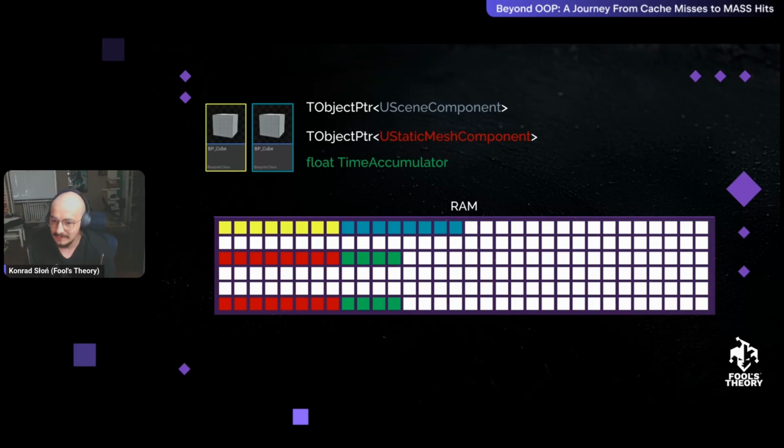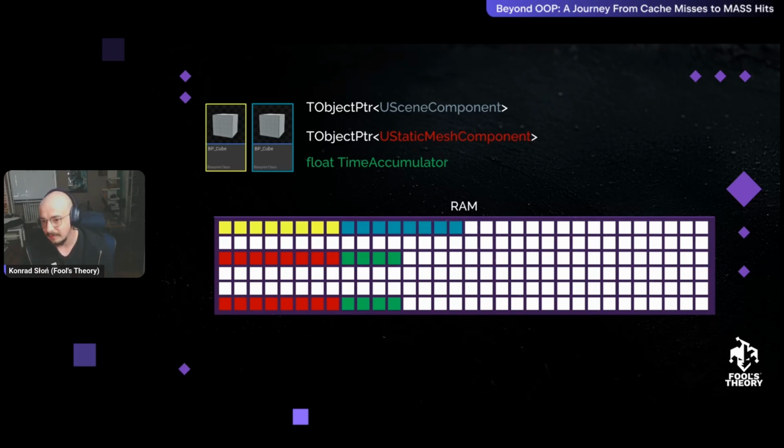If you want to do something, you need to go to one object, dereference that pointer, go to the data in memory where that pointer points, and load that data. If you want the next object, you need to go to the next object, dereference another chunk of memory, load that to the CPU, next object, next chunk of memory, next loading to the CPU, because these pointers are not next to each other, they are farther away.